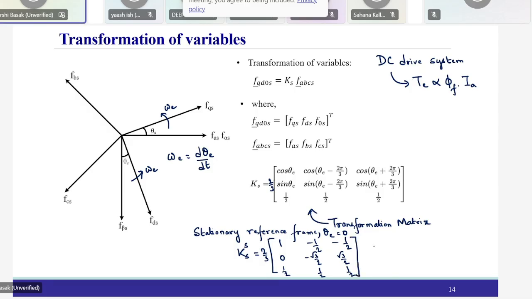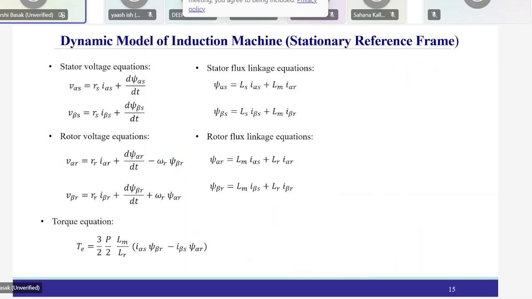This is called the MMF invariant transformation. Corresponding to this, if we try to derive the stator voltage equations, they will be given by this, where this is the applied voltage, this is current, and this psi is the flux linkage.